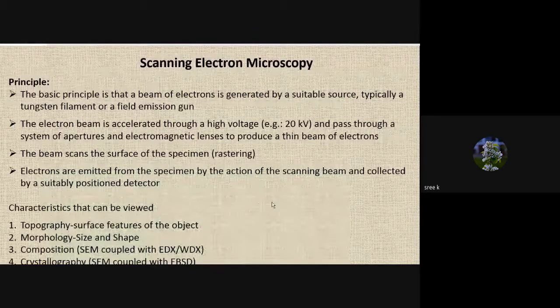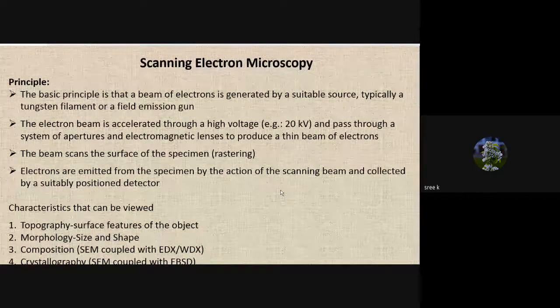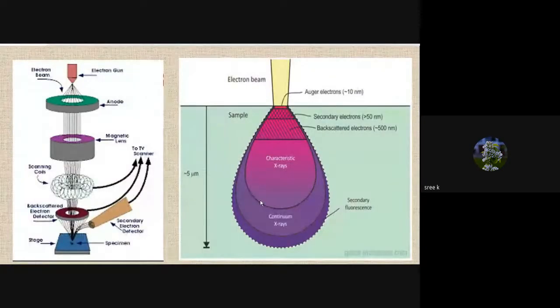And for the scanning electron microscope, I'll directly go to the instrumentation part. So you have an electron gun at a very high voltage. You have the electrons, and these electrons are focused by the magnetic lens and bombarded onto the specimen.